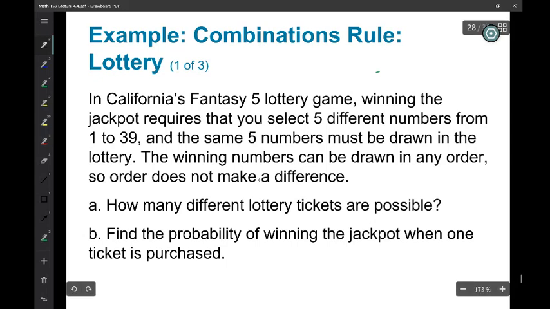So in California's Fantasy 5 lottery game, winning the jackpot requires that you select 5 different numbers from 1 to 39. And the same 5 numbers must be drawn in the lottery. So the winning numbers can be drawn in any order. That's key. Any order. Is one way of phrasing order doesn't matter.